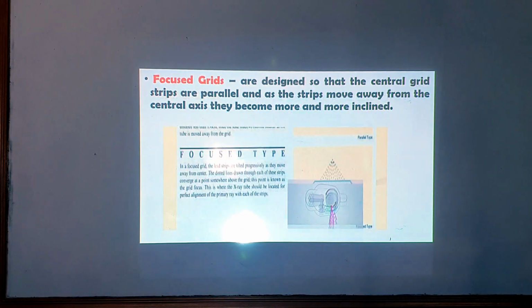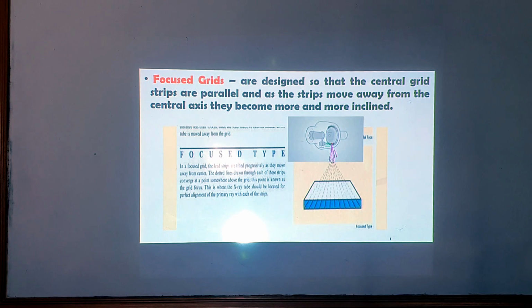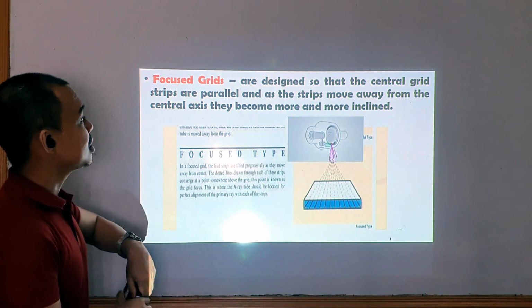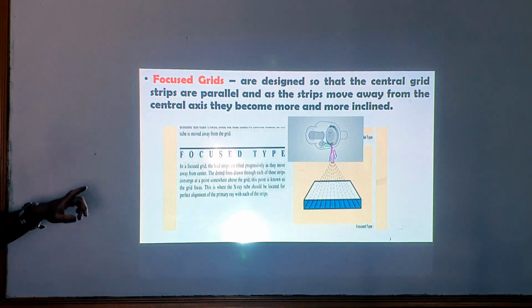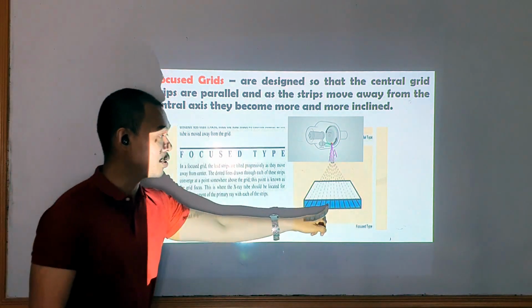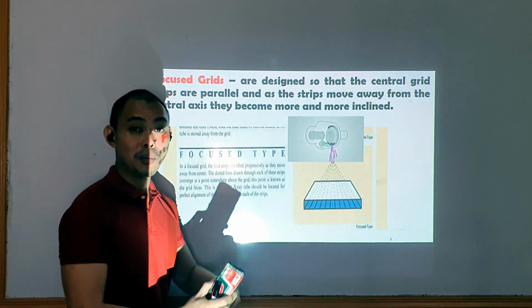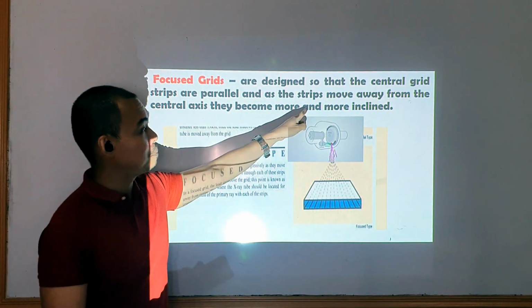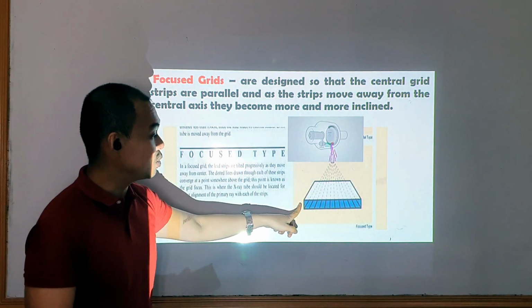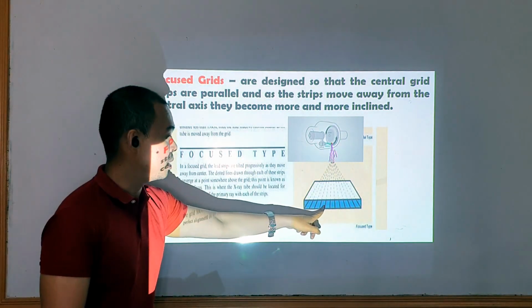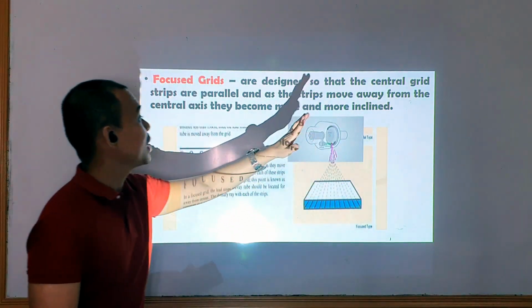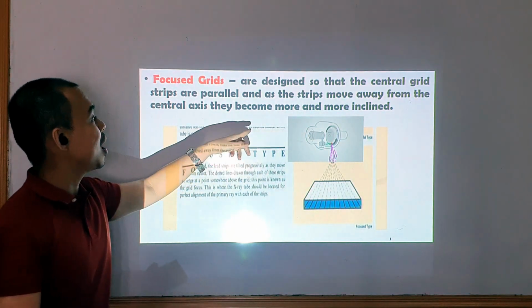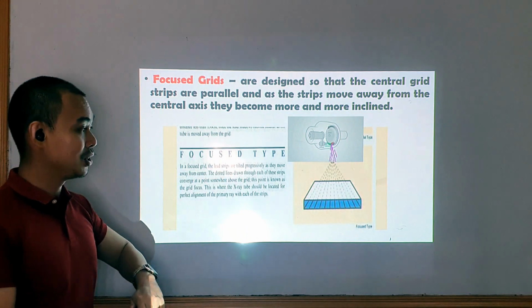Next grid type, focused grid. Try to look at the difference. Focused grids are designed so that the central grid is more parallel. So this is the central grid, more parallel, straight, right? But as the strips go to the peripheral side, left side, right side, as they move away from the central axis, they are more and more inclined.